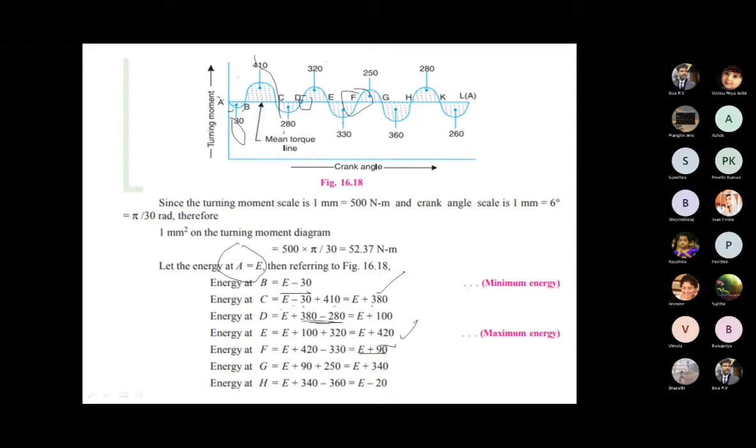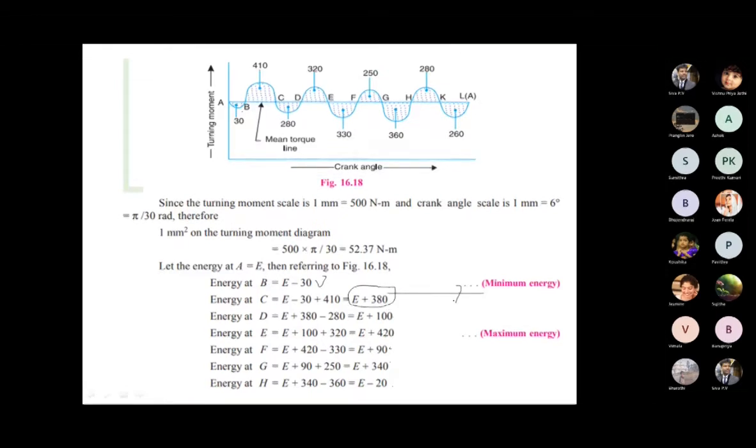So after finding everything, this is the method to find the energy at each point. Okay. So finally, leave the common E. So minus 30, plus 380, plus 100, plus 420, plus 90, minus 20. So what is the maximum energy? E plus 380 looks like the maximum, but see carefully, 420 is there. So 420 is the maximum energy, right?